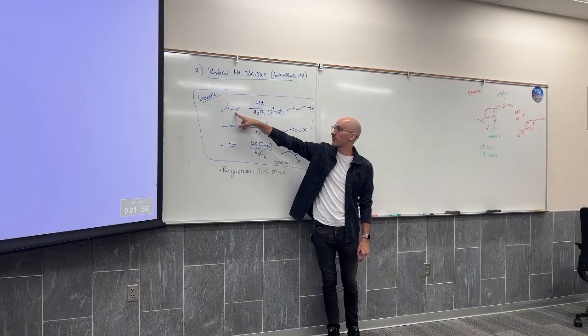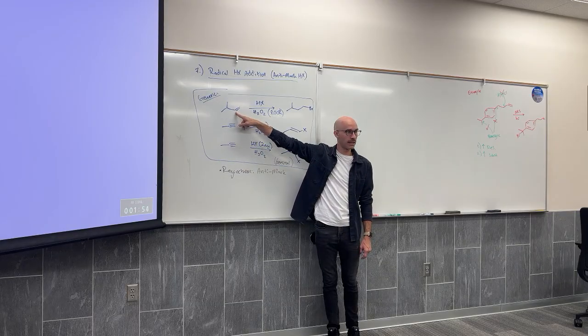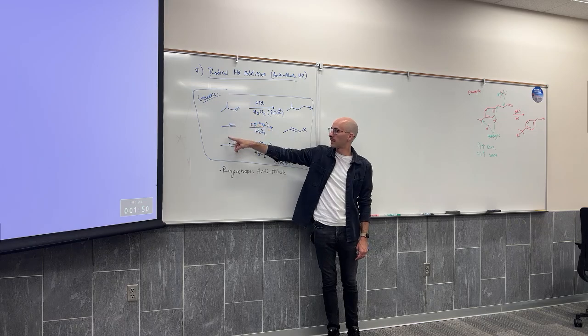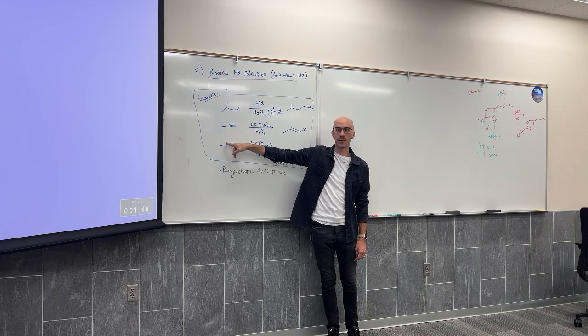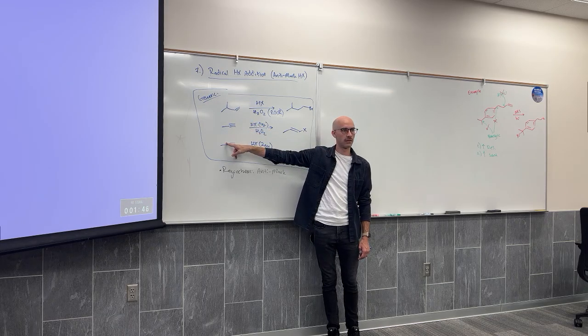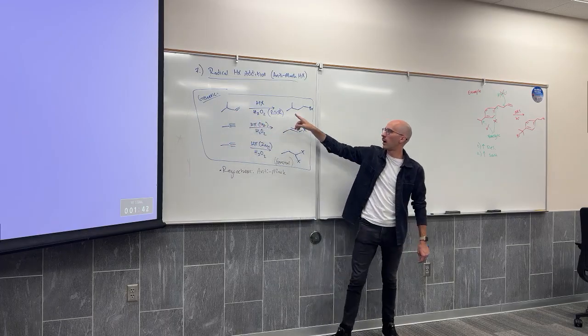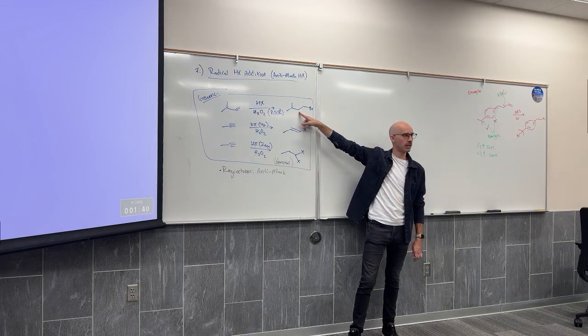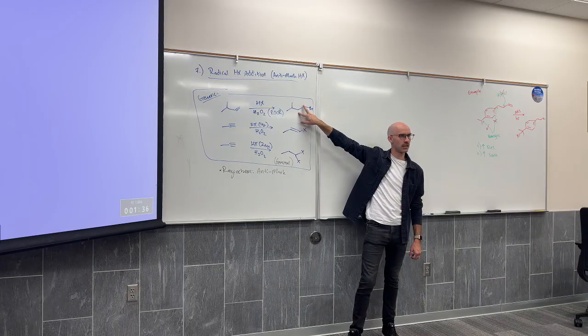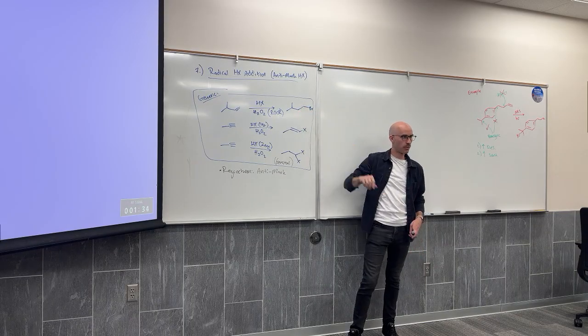So that means there must be a radical intermediate here at this secondary position and here at these secondary positions. But if the carbon radical is forming on the more substituted position, that means that the less substituted position gets its group first.